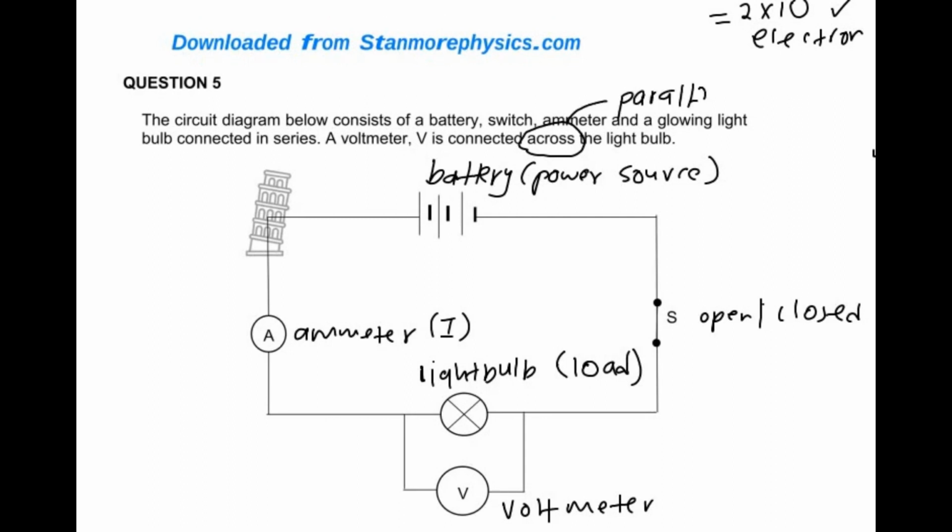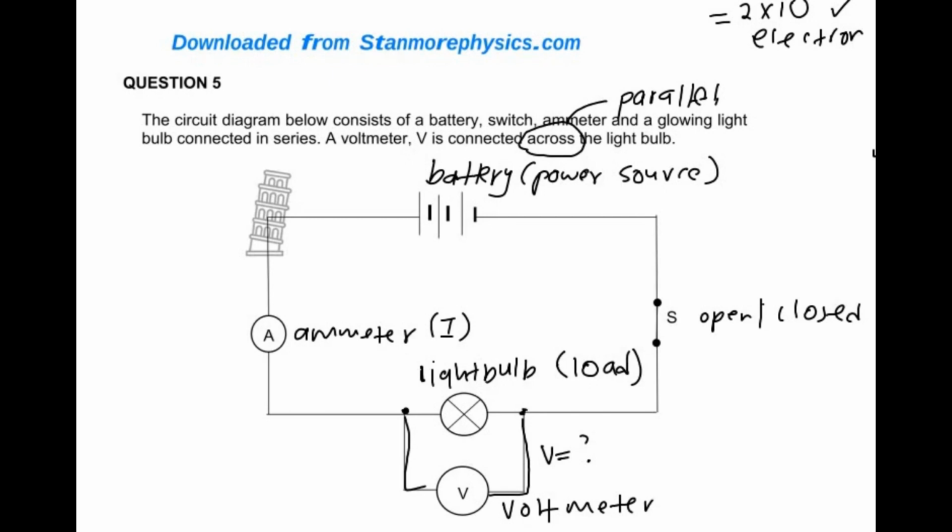And it is always connected in parallel to whatever circuit element we're trying to measure the potential difference of. So if you see, it is connected across the light bulb. So it means this voltmeter is going to tell us the value of potential difference of the light bulb.